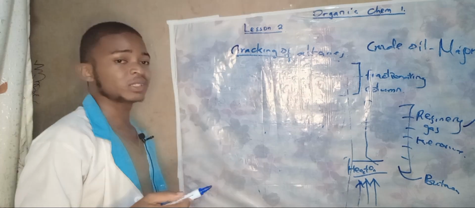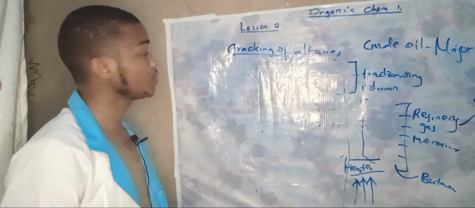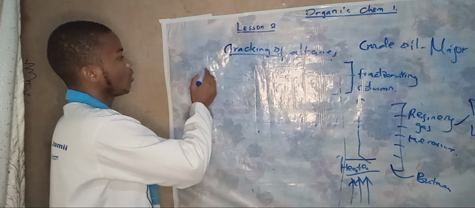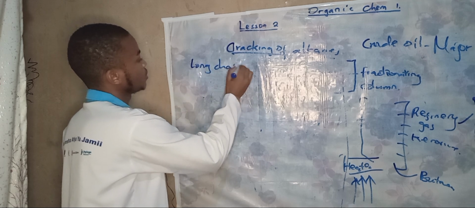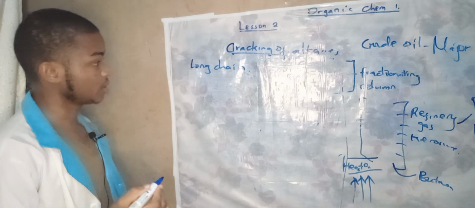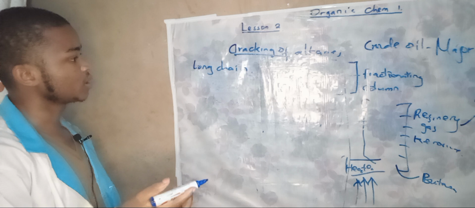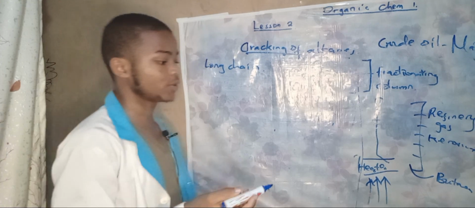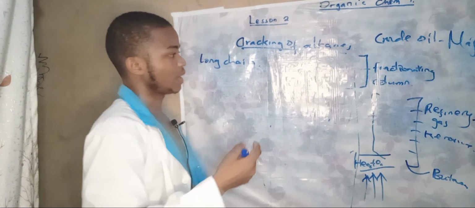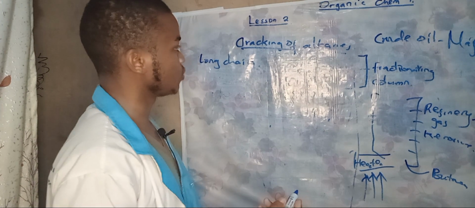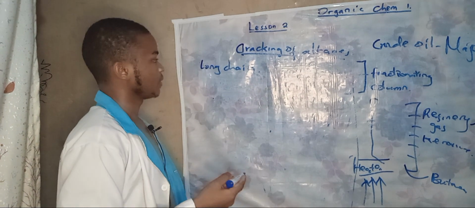So we are not interested in the long chain of carbon, because the long chain cannot help us in cooking, neither in laboratory gas, neither anything that we need of alkanes, right?